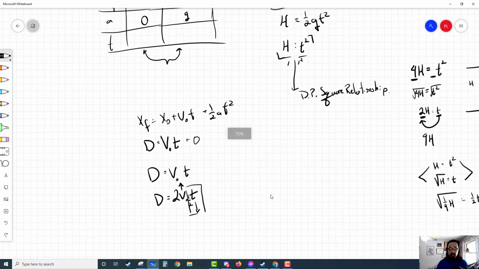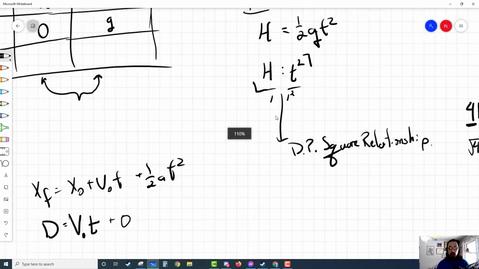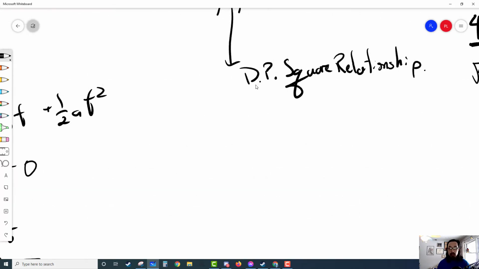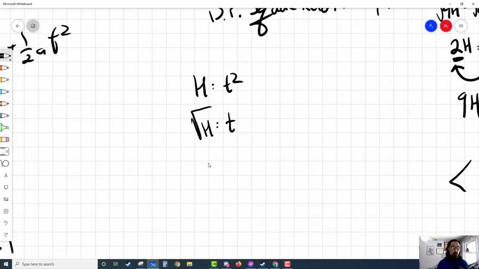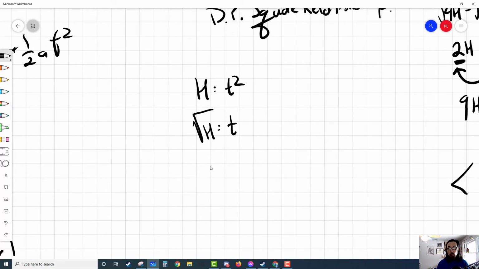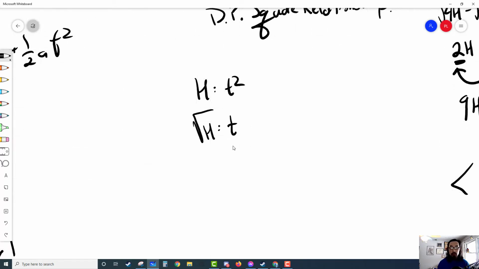And that's where we have to take this idea and go back here. This is our height relationship. I'm going to rewrite that relationship down here, h equals t squared. We also have root h is equal to t. We know our time has to shrink by a factor of 2, so I'm going to use this right here. The square root of what number will give us 1/2, the relationship we just found?